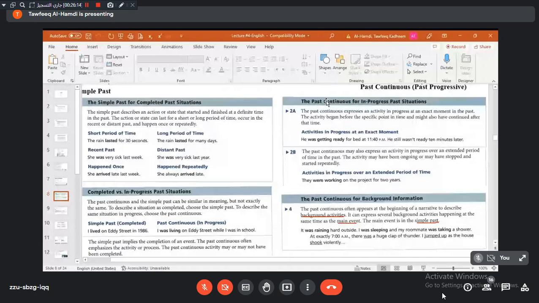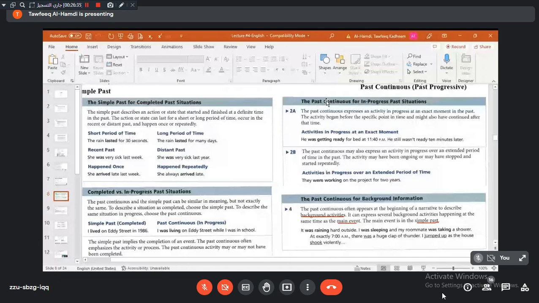So the past continuous expresses an activity or process in progress at an exact moment in the past. The activity began before the specific point in time and might also have continued after that time.